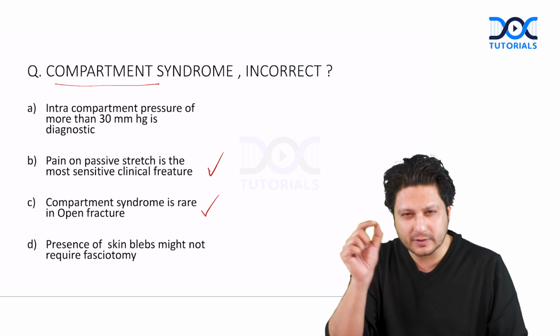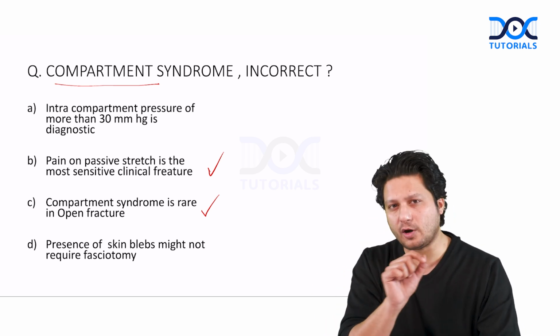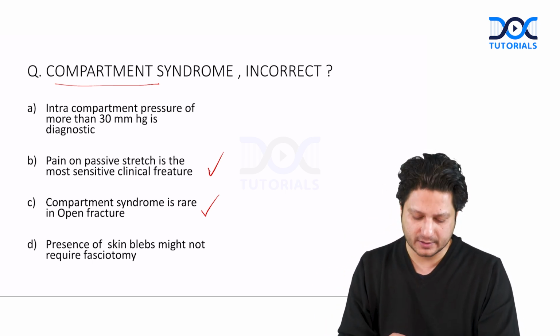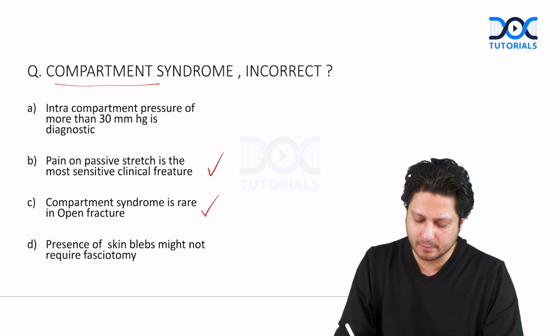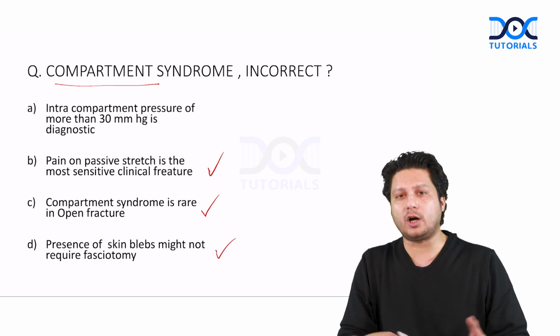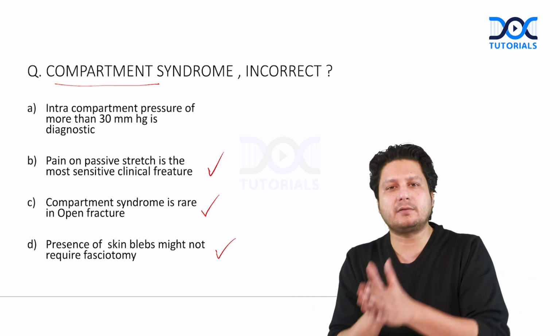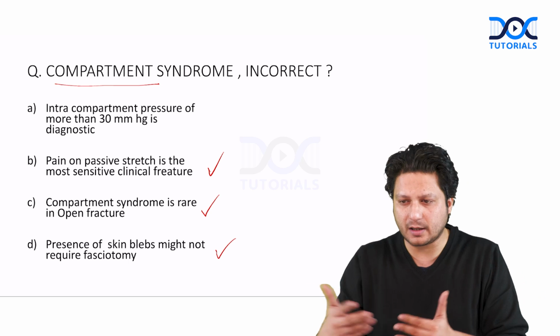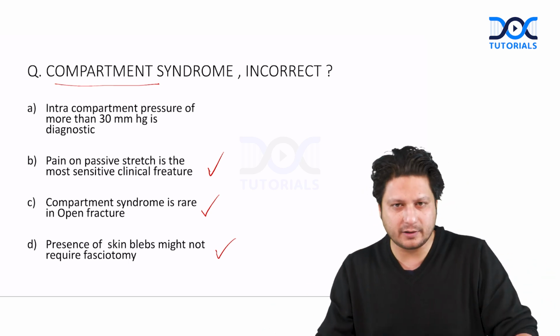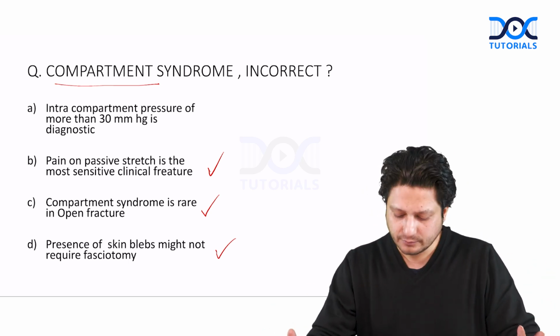So compartment syndrome is considered to be a rare phenomenon in case of open fractures. Next, presence of skin blebs might not require fasciotomy. This is also true. If there is a presence of a bleb which might appear on the third, fourth or fifth day after compartment syndrome, it is not the indication of fasciotomy.